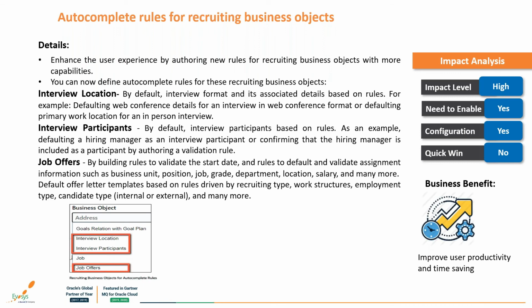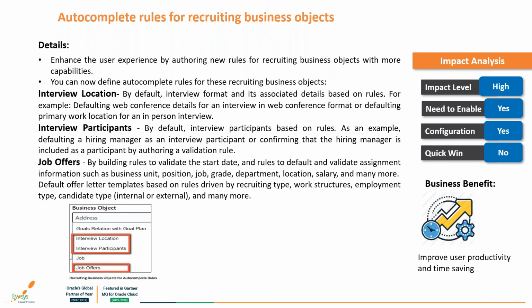By defaulting the interview participants based on some rules, as an example, you can default the hiring manager as an interview participant, or confirm that the hiring manager is included as a participant by authoring a validation rule. So if you default the hiring manager in the interview participants, you don't have to add them again and again.